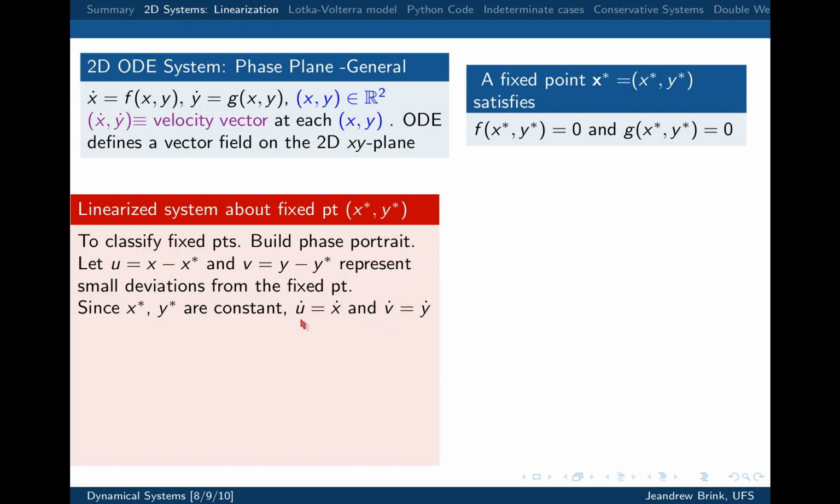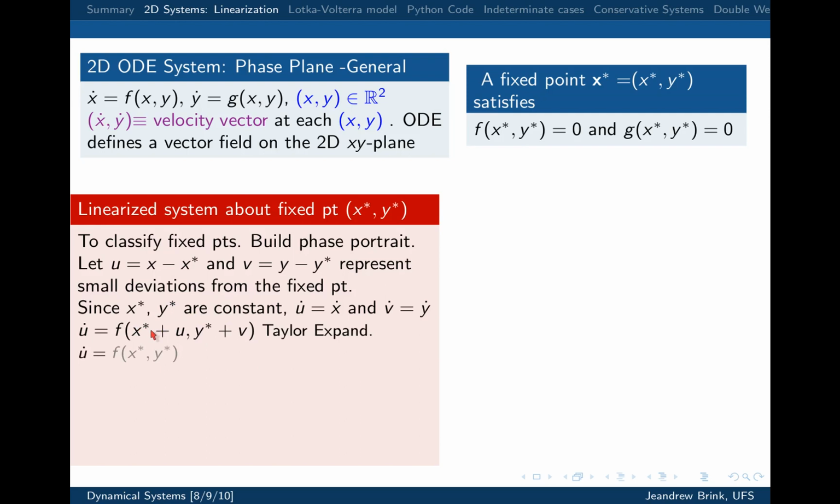Then we write down our expression for u dot and v dot, which we derive from the full general nonlinear system by linearizing it about the fixed point. So u dot equals f of x star plus u, y star plus v, and we're going to Taylor expand this expression about the fixed point.